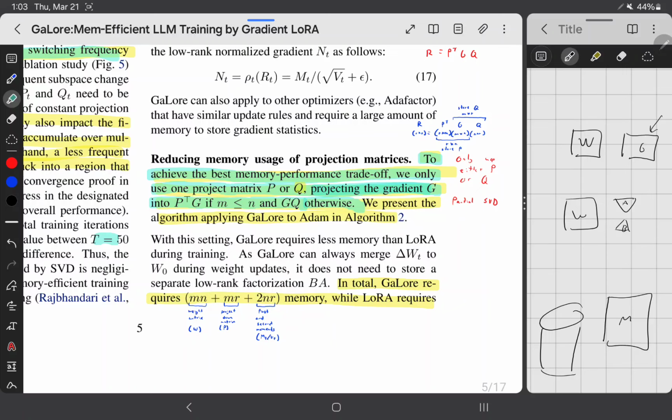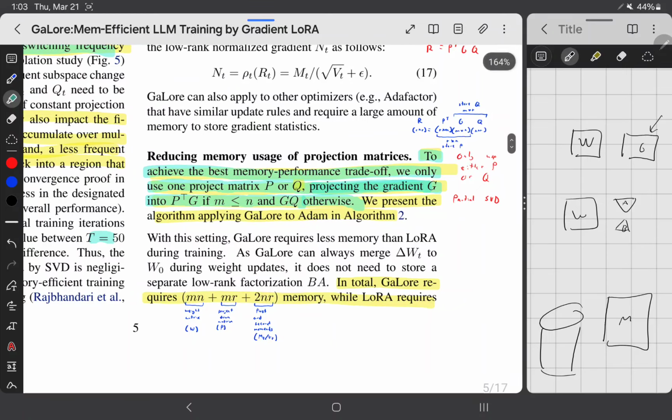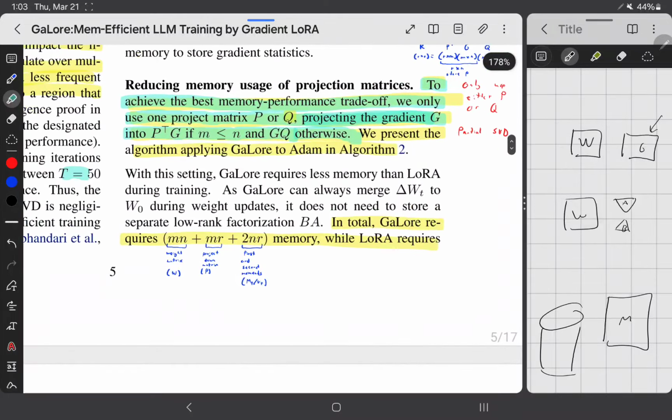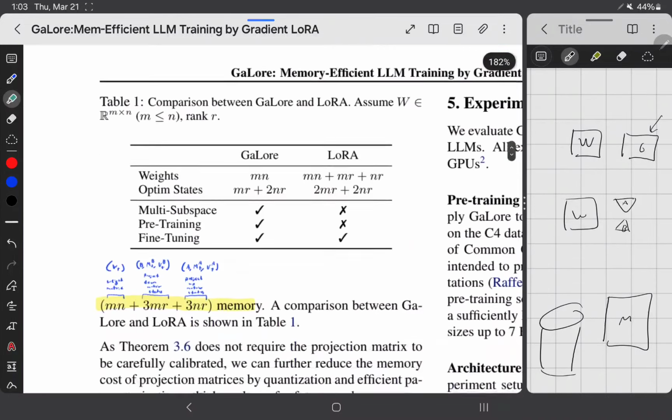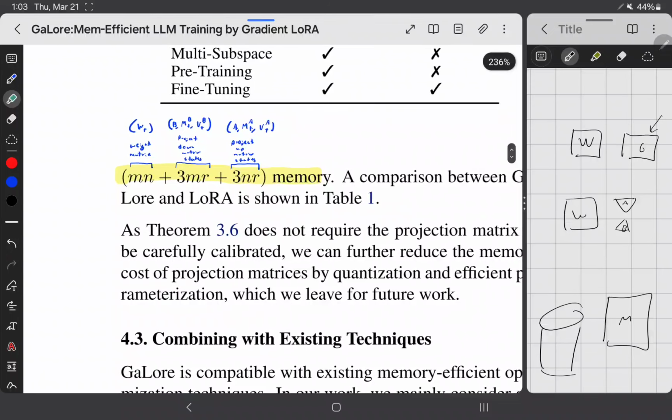And it becomes evident why they do that when we look at the amount of memory it takes up. If we look at LoRA, if we're doing training with LoRA in some way, then we need to store three things. We need to store the original weight matrix. This is just W. We need to store the B matrix and its moments.